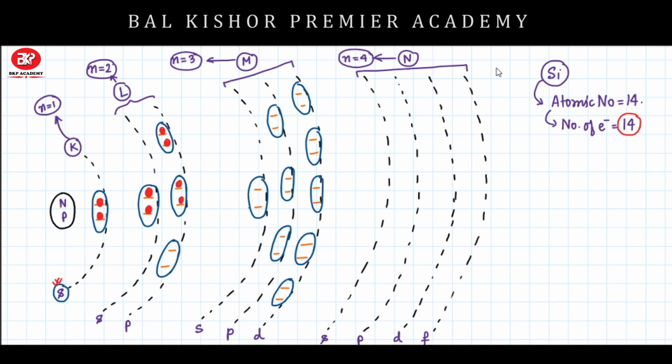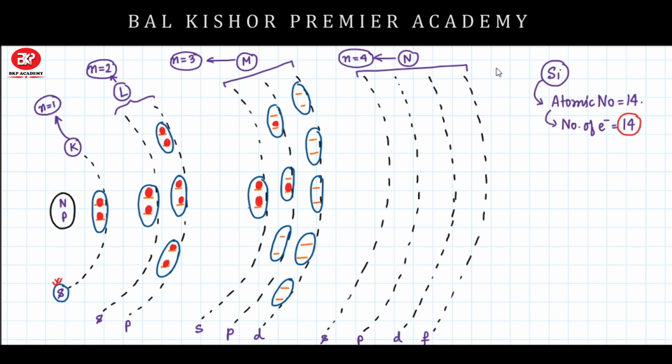In this way, we can fill up the electrons. So now the total electrons are 1, 2, 3, 4, 5, 6, 7, 8, 9, 10. So 10 electrons have already been placed. We have only 4 electrons left. So 2 electrons will be here, and another 2 electrons will be inside the P subcell at any orbital. Let us assume that an electron is here and an electron is here also.